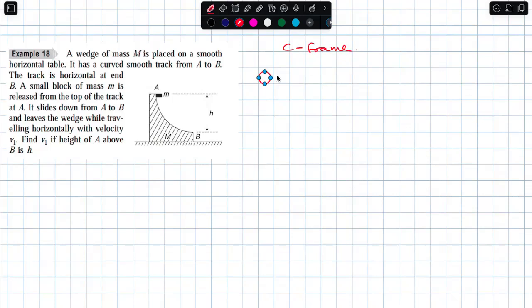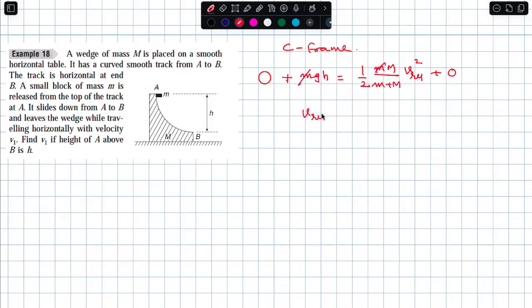Kinetic energy is 0 initially, plus potential energy is mgh. Finally, you will have (m M)/(m + M) V relative squared plus potential energy is 0. Now I got V relative with this.